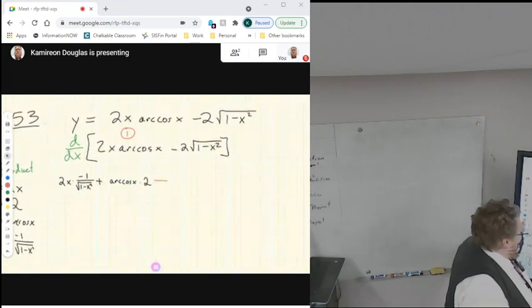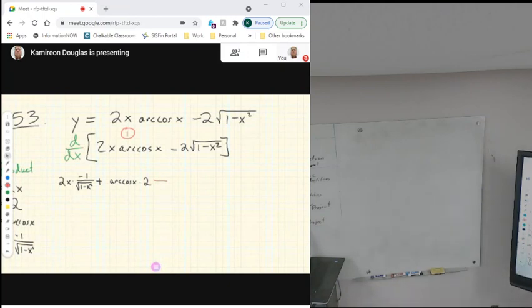On my right-hand piece, number 2, I see that it is not a product. It is a power with a chain inside of it. So I come over here. To do the derivative of a chain rule, as a reminder, I have f of g of x. In this case, my f function is the square root function. My g function is the 1 minus x squared function.